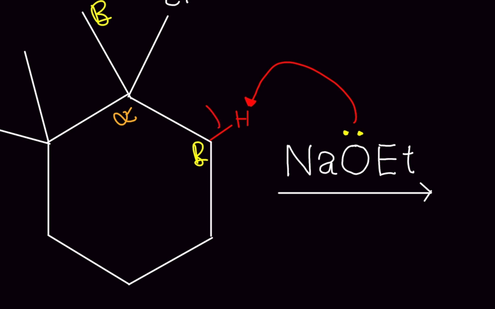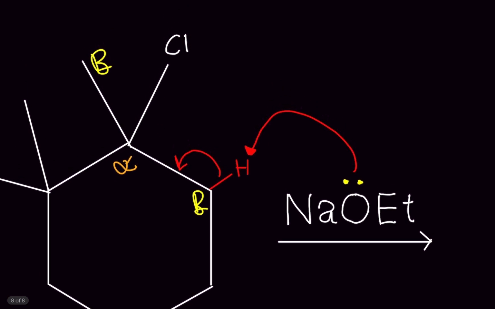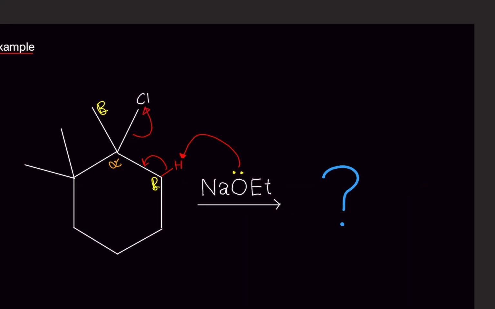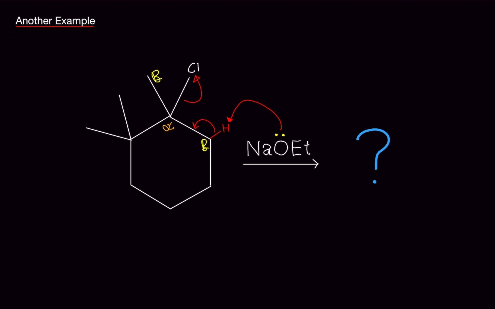The bond here dissociates and turns into the double bond here. Now we would form this double bond, but now the carbon would have 5 bonds. So now this leaves like that. And that's how you would do it.